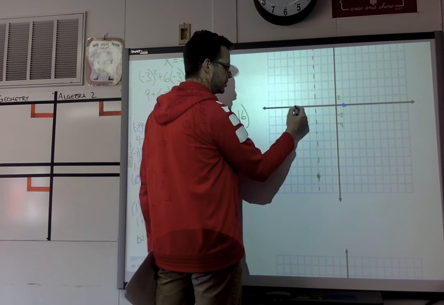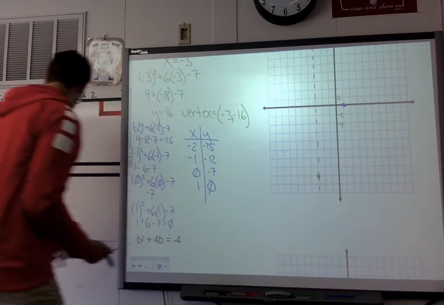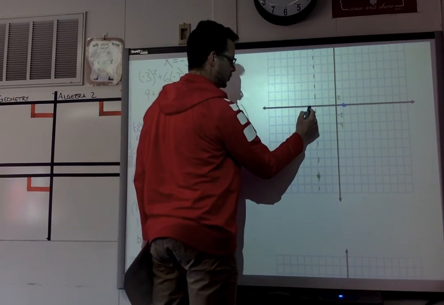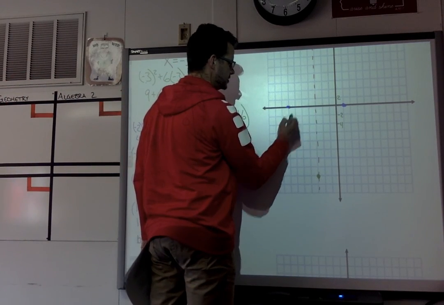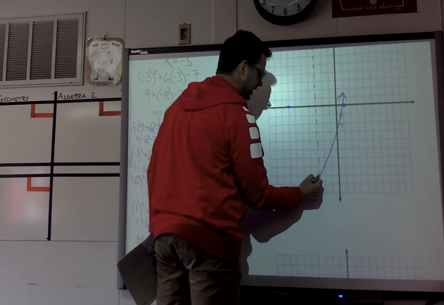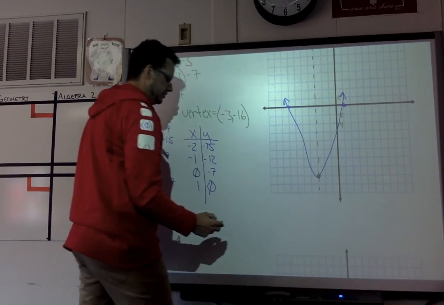So again, 1, 2, 3, 4 units from the axis of symmetry, meaning my parabola would look something like that, and I would have solutions.